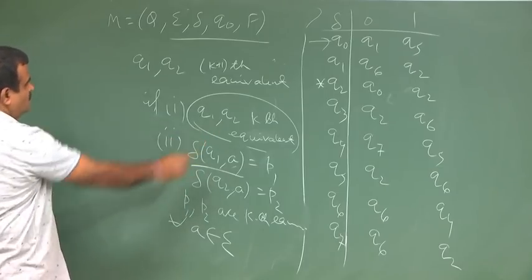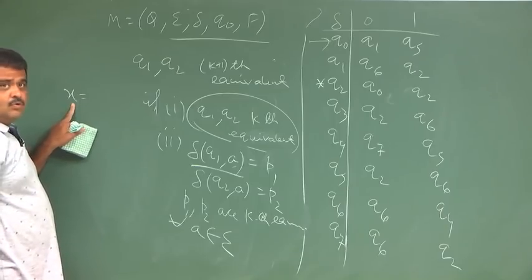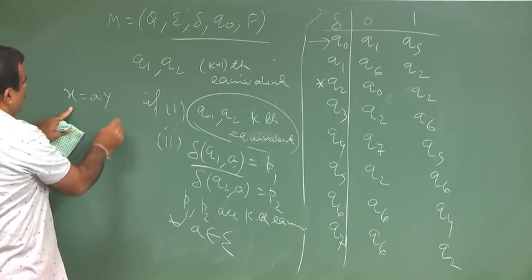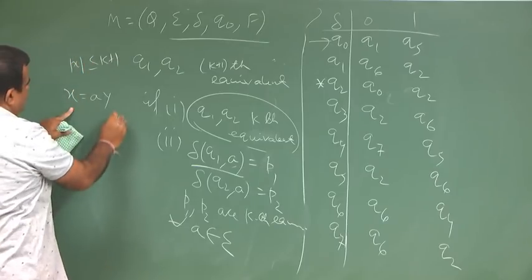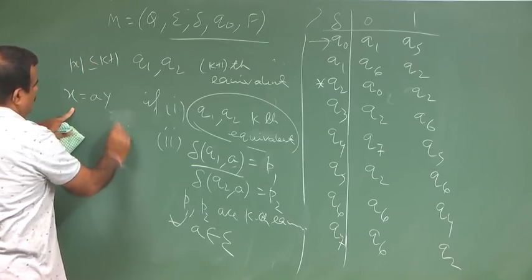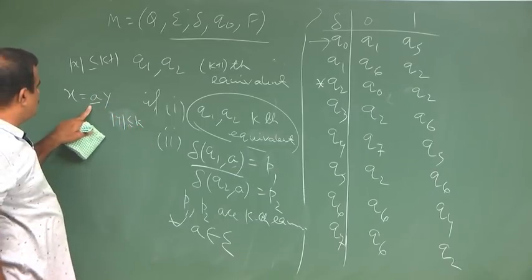So, k plus 1th equivalent means if you take a string of length at most k plus 1, it can be written as a y, where y is of length less than k, because a is an input symbol.